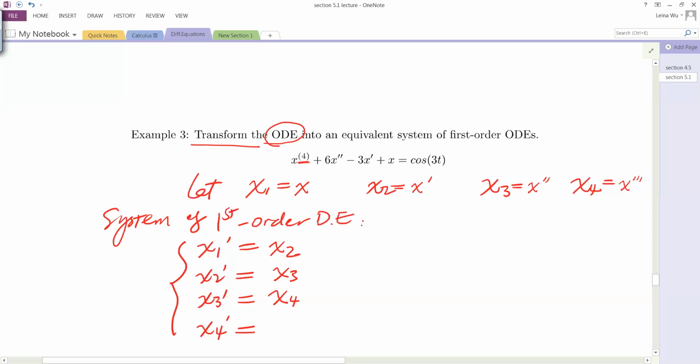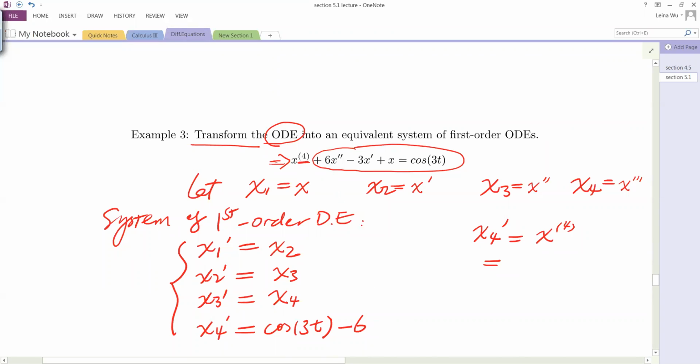Lastly, we have x4 prime, right? So x4 prime would be x to the fourth order derivative, which comes from this equation, right? This is where it talks about the fourth order derivative. The fourth order derivative equals cosine 3t, minus 6 x double prime. What's x double prime?